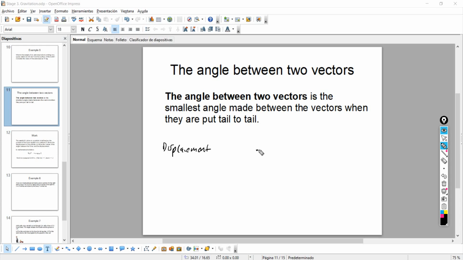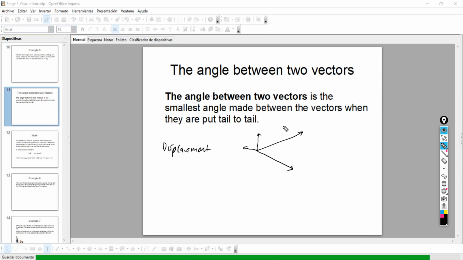For example, this particle can move this much distance in this direction, or the same distance but in another direction, or another distance in another direction. You see? So all of these arrows are representing displacements, and since displacement is a quantity that has magnitude and direction, therefore displacement is a vector.